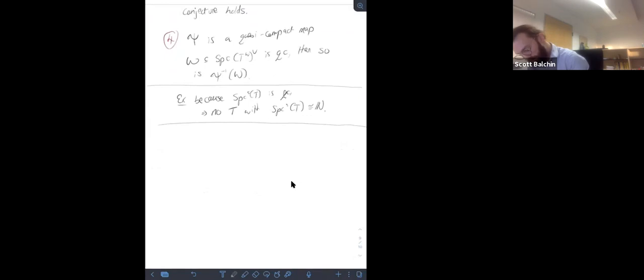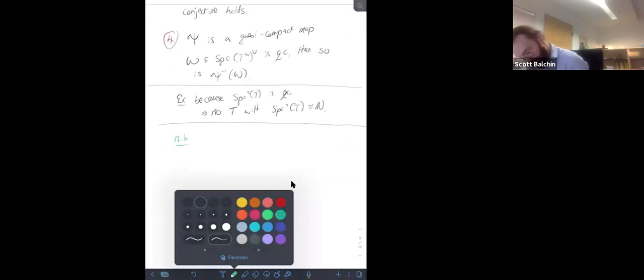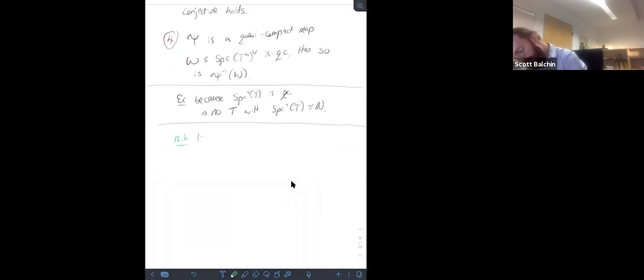And just a side note, why would I care if the space is spectral? If this is a spectral space, we get a surjective map.